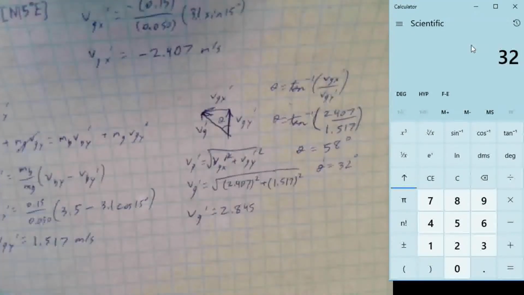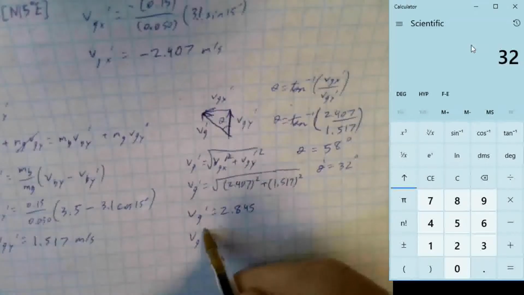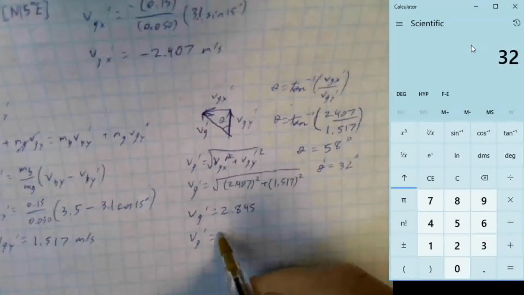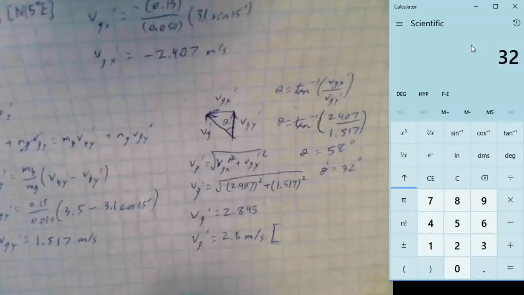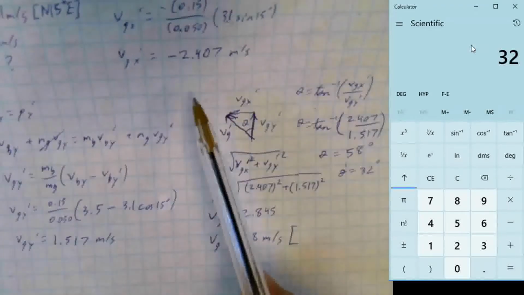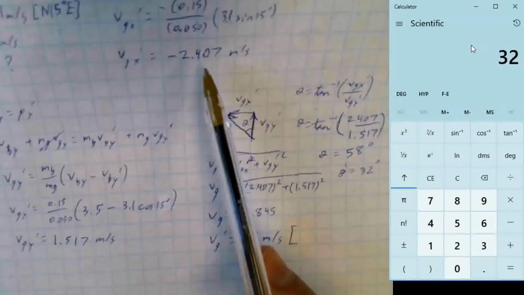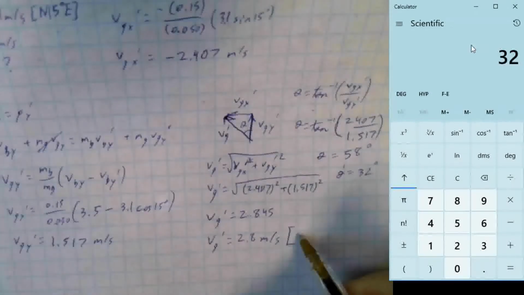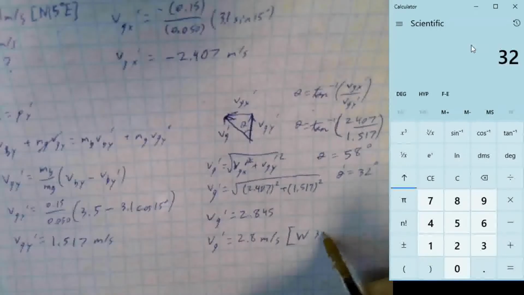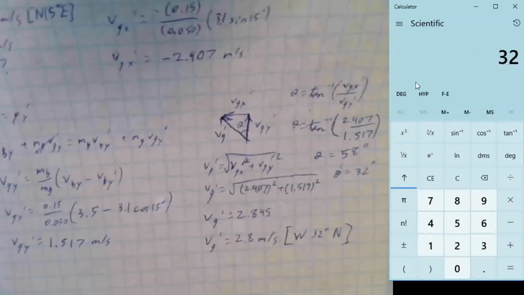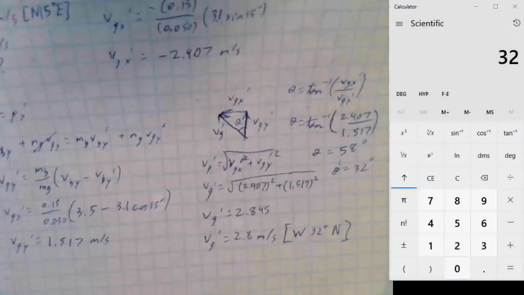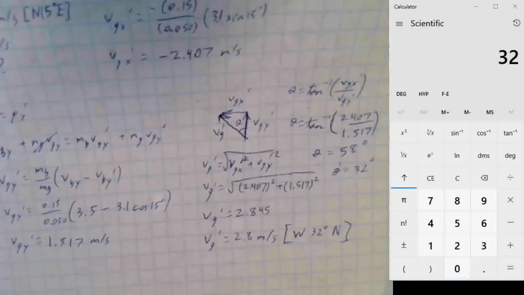And that then gives me my VG prime, which I'm going to report as 2.8 meters per second. I am going to be going more towards the west. So it'll be west, 32 degrees north. That is my solution to this one.